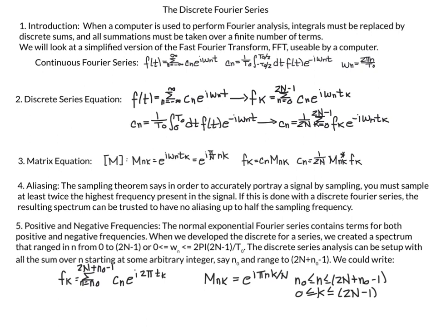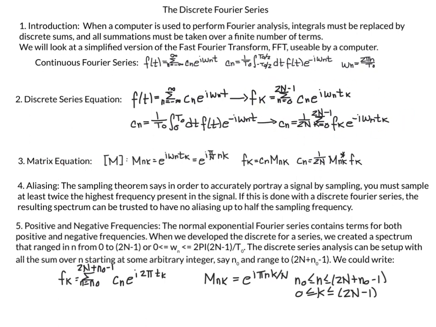To review what we covered, when a computer is used to perform Fourier analysis, integrals must be replaced by discrete sums, and all summations must be taken over a finite number of terms. So we looked at a simplified version of the fast Fourier transform usable by a computer. Here we reviewed quickly our continuous Fourier series, whose formulas are here, and we converted them to formulas for a discrete series.